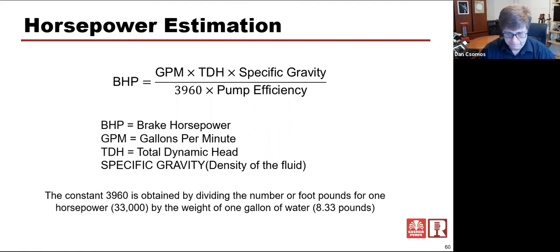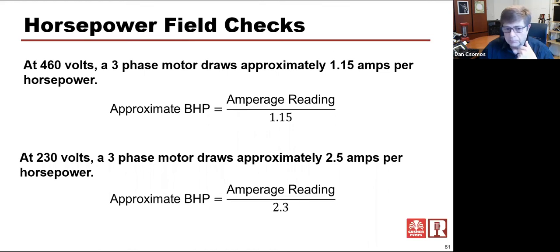And then if you knew that you were supposed to be running at, let's say 10 brake horsepower, I can tell you that at 460 volts, and I think that's on the next slide here, there's going to be about 1.15 amps per brake horsepower at 460 volts, give or take.